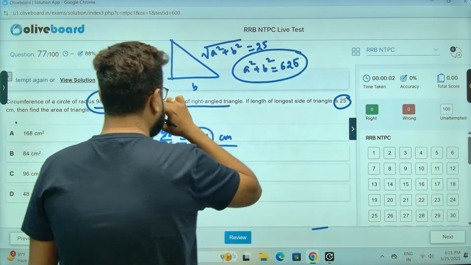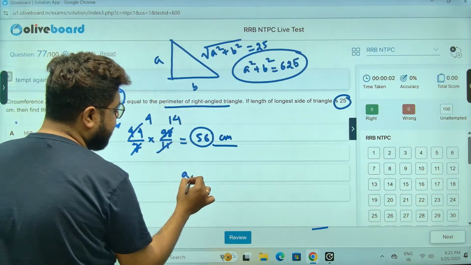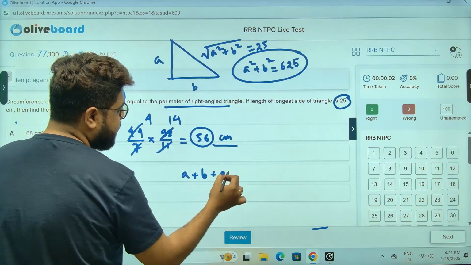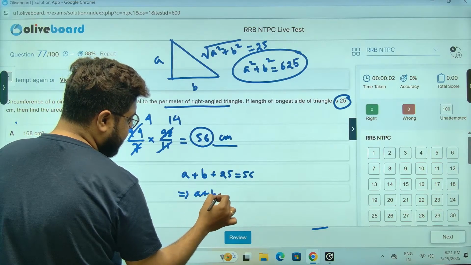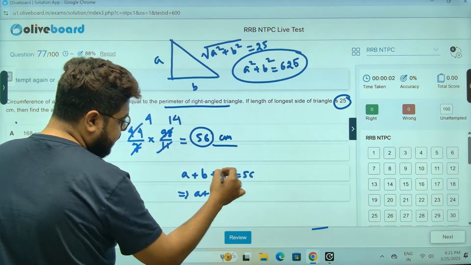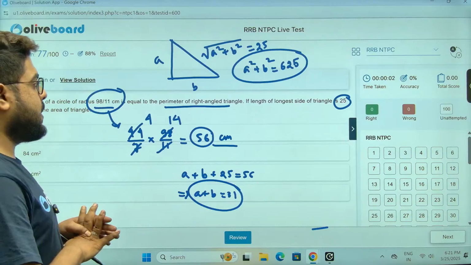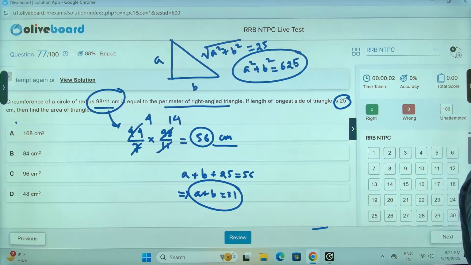The other equation, the perimeter is the same: A plus B plus C is 56. A plus B is equal to how much, sir? 56 minus 25 is 31, sir. 24, 576. No sir.